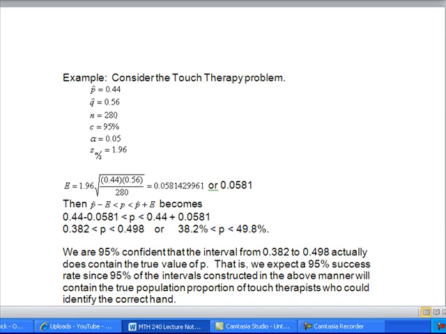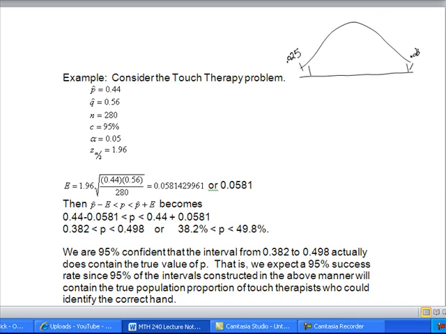For some reason I want to write the 2 first. So looking at the negative table in the body, I'm looking for 0.025, and I get negative 1.96 over here. So that means the positive one is positive 1.96, so that's the one we want to use in our calculation.